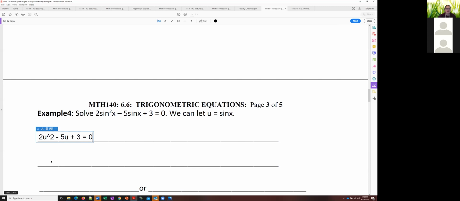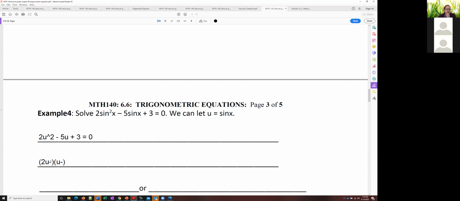And this one I think we can factor. We need a 2u squared, so we're going to have a 2u and a u. And then we need to end up with a plus 3, but a minus 5u. So that means that both of these will have to be minuses.